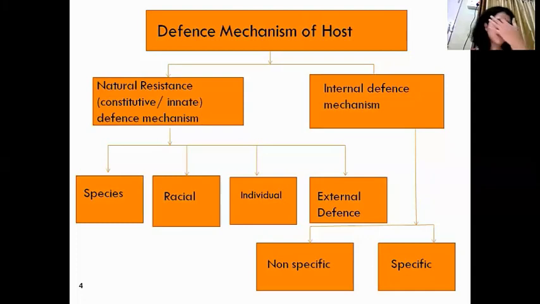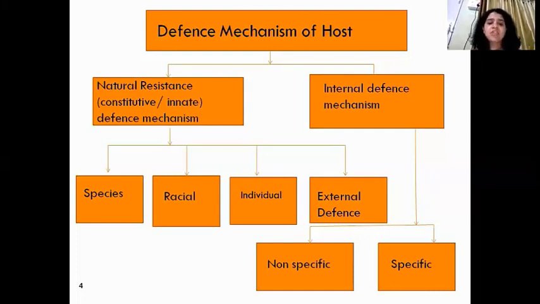Usually you must have seen that white people easily get infected with typhoid and such, even in minor conditions. But in the case of South African people and such, their immunity is so high. Why? Because of the external environmental conditions, they have adapted to that particular environment, due to which their immunity has increased.